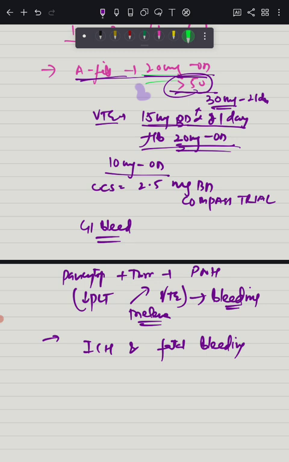Also in acute coronary syndrome, as per the ATLAS trial, there is increased bleed, that is major bleed plus ICH, but not the fatal bleed, and there is decreased cardiovascular events. Net result is plus minus, hence there is no recommended regimen of adding rivaroxaban in ACS.